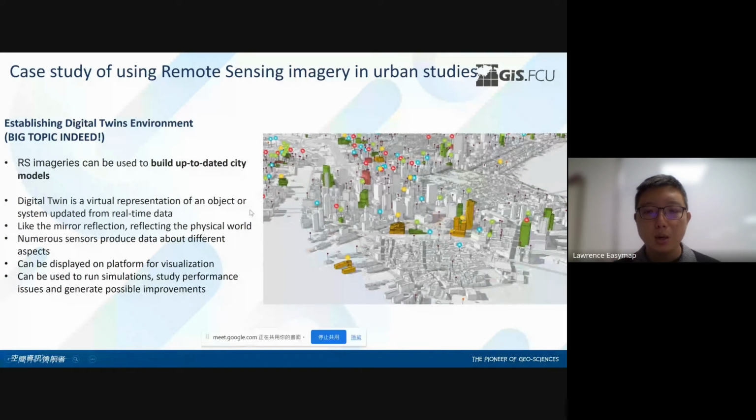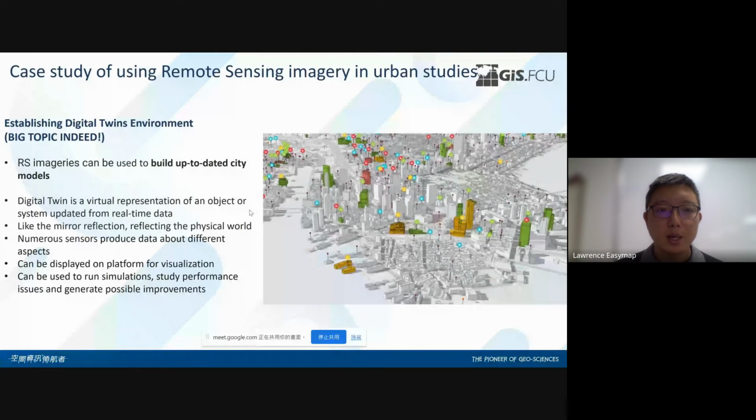We collect all the sensor data and apply it to the models. So by seeing the model itself, you can know the real-time situation of the real world. This is what we call digital twins, just like a twin in the real world and the virtual world. In the virtual world, you can see what's happening in the real world.